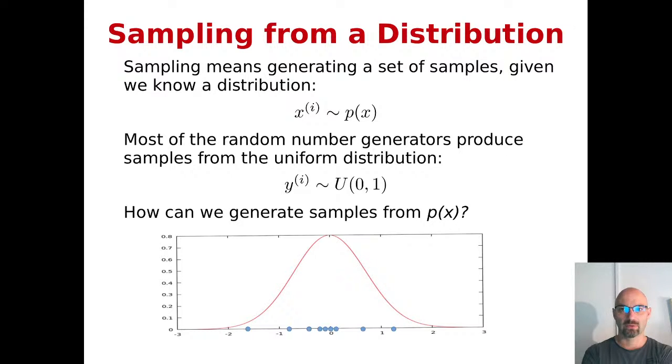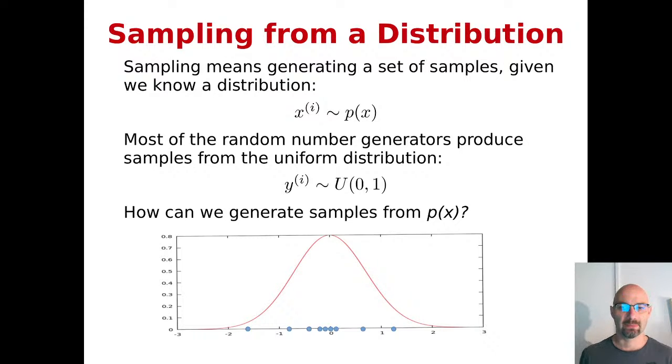Now, very often in the course we were saying, let's assume that we have a random variable distributed according to some distribution, and then we were implicitly assuming in several circumstances to be able to draw samples from a distribution. What does it mean, drawing samples from a distribution?